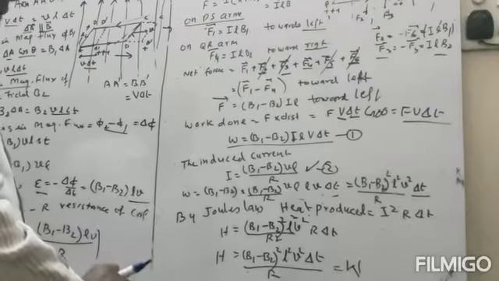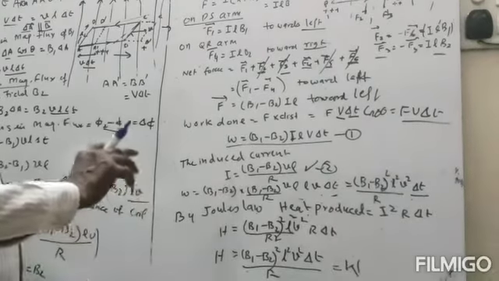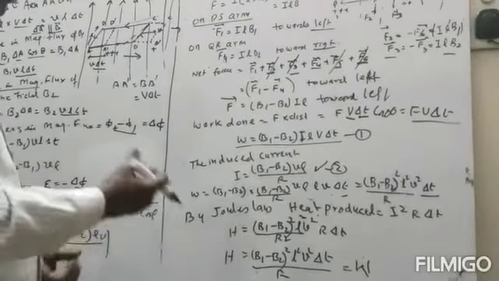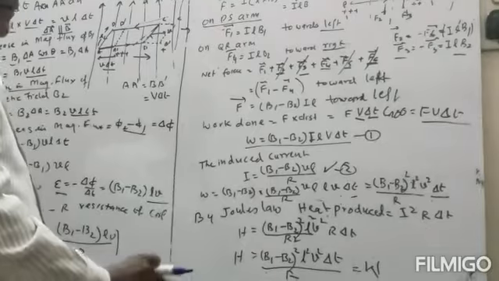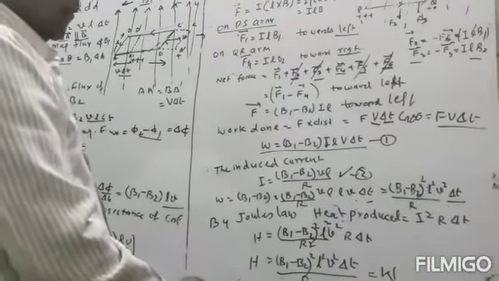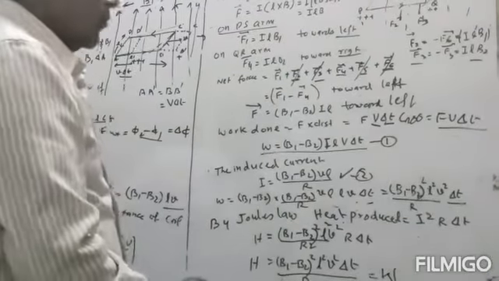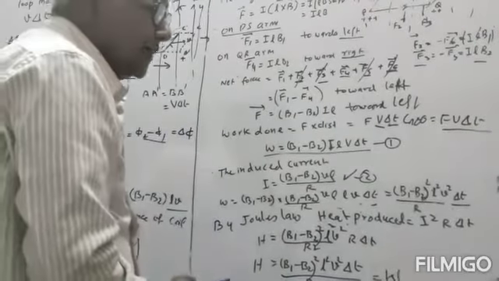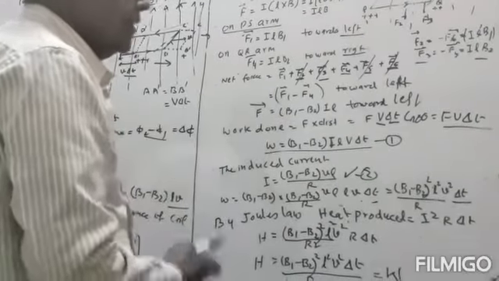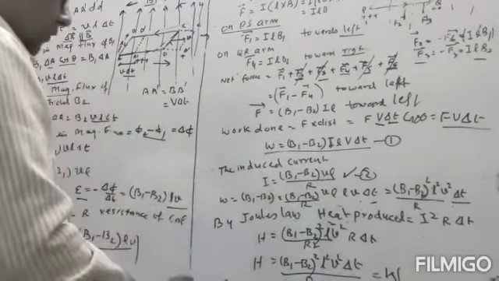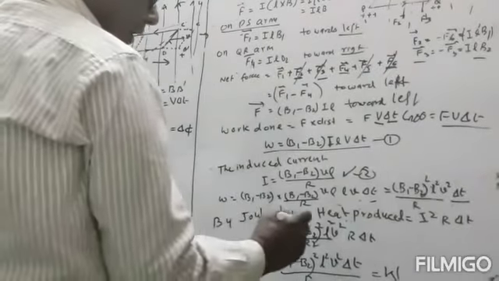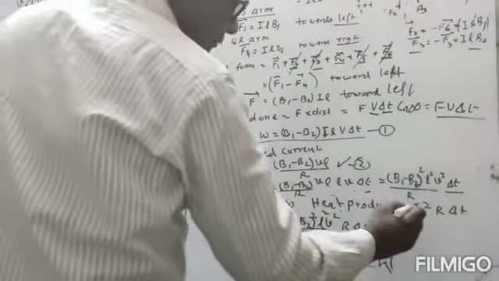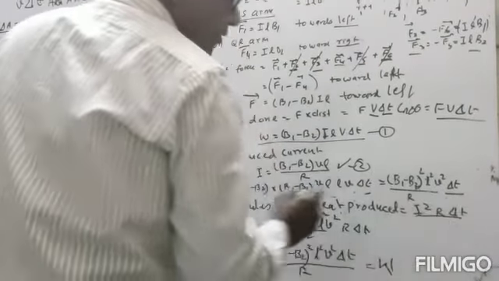Now where will this work go? We can find that this work done will be converted into heat. What will be the amount of heat it will produce? By Joule's law, the heat produced will be equal to I squared R into delta t.